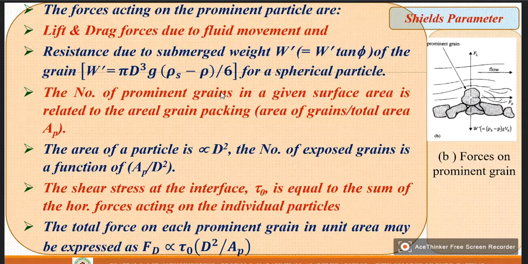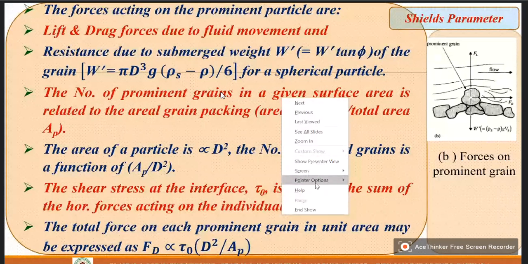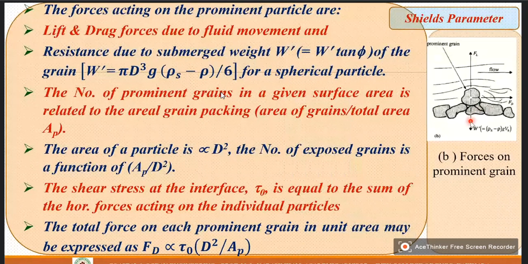In the vertical direction, the force is self-weight. What is the weight? It is the immersed weight. If you consider this particle, it will have a downward force which is equal to the immersed weight.